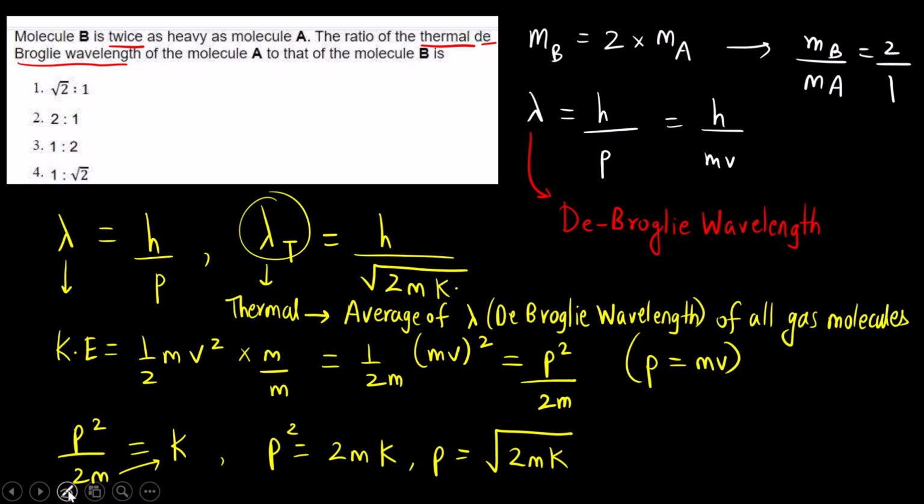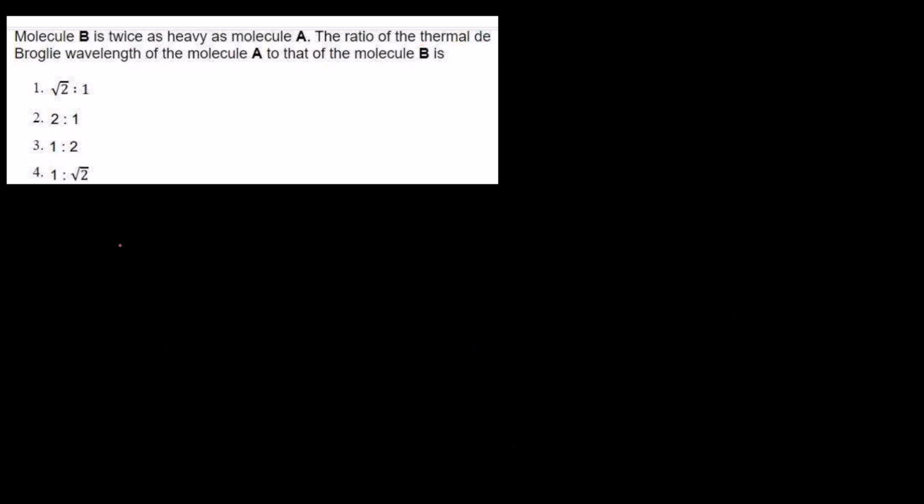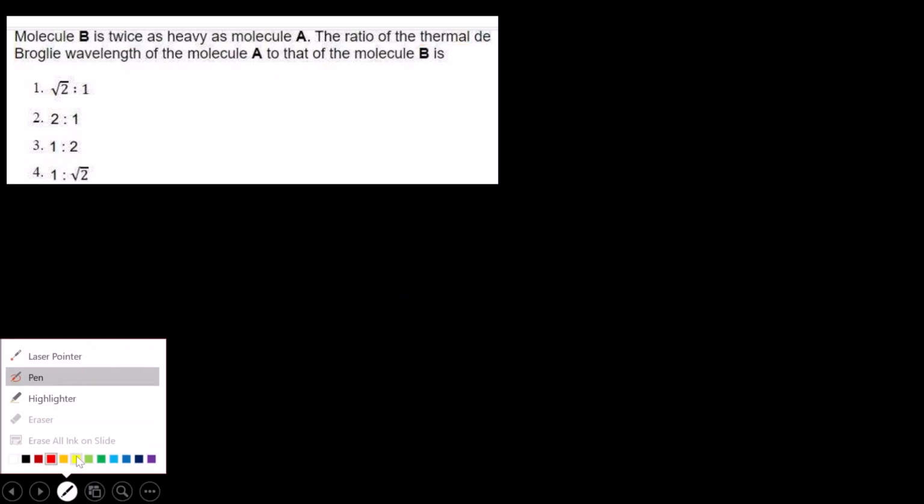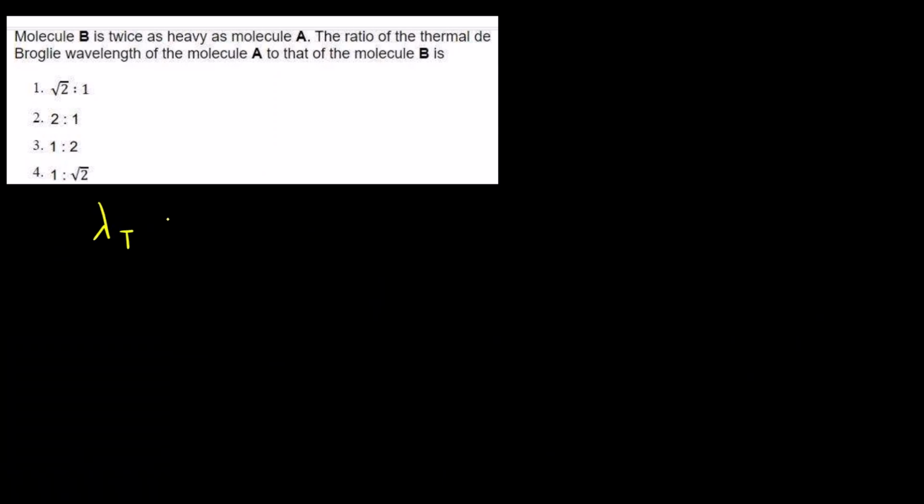Now you can compare. What is lambda T? What we got is lambda T is equal to h by root of 2m into kinetic energy. So lambda T is inversely proportional to root of mass.